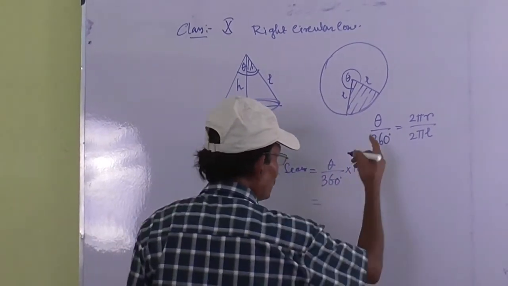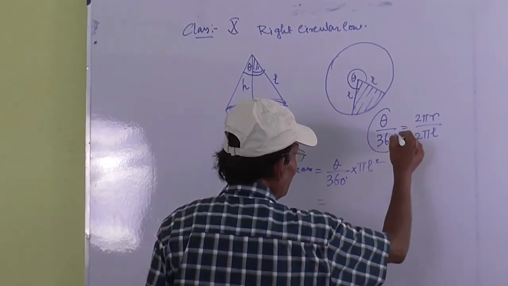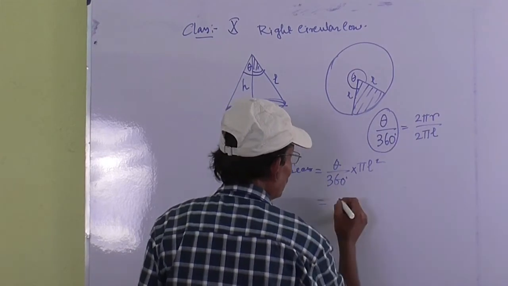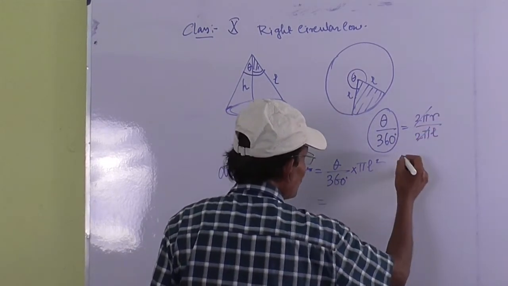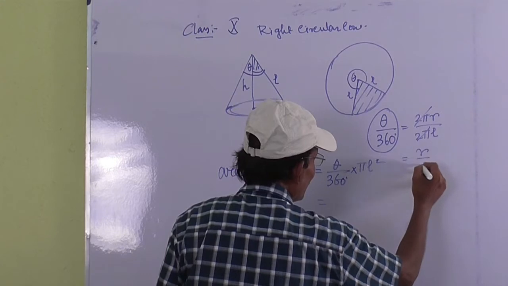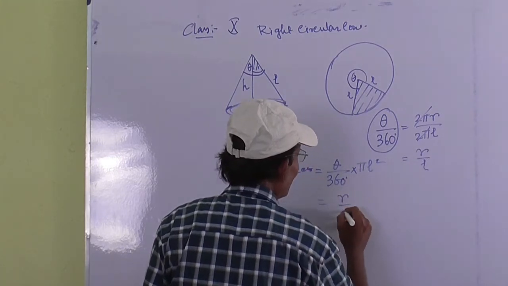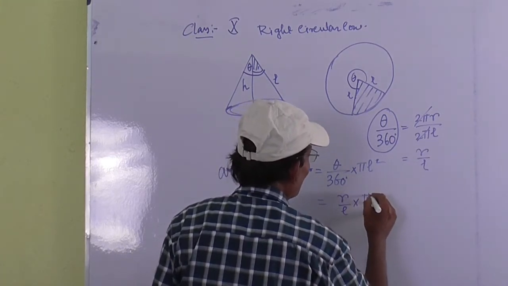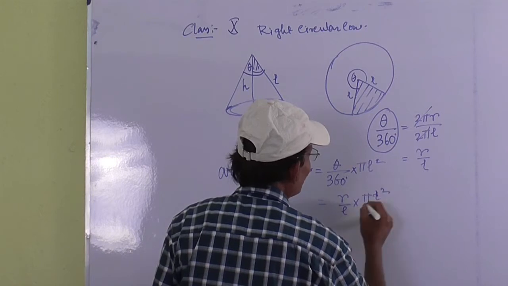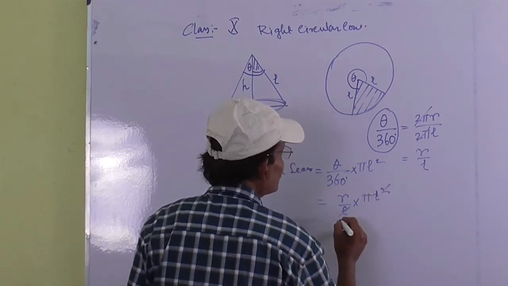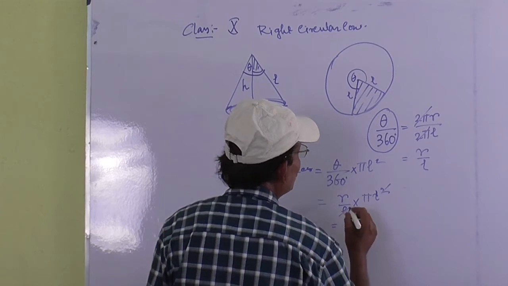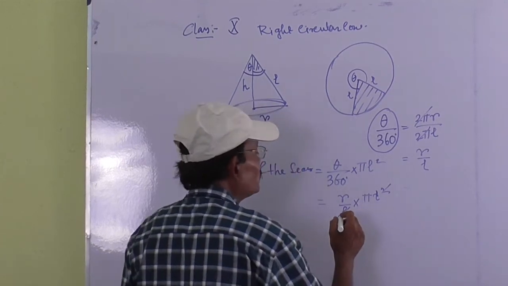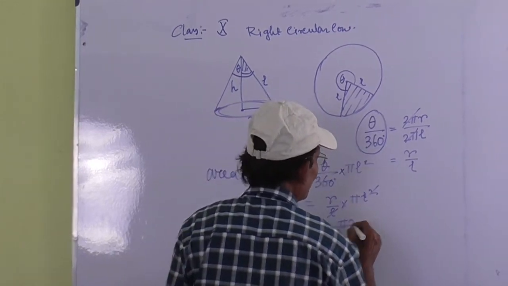Clear? Now, theta by 360 degree equals 2 pi r by 2 pi l, if we cancel this, we have r by l into pi l square. So, cancelling this, we have pi r l.